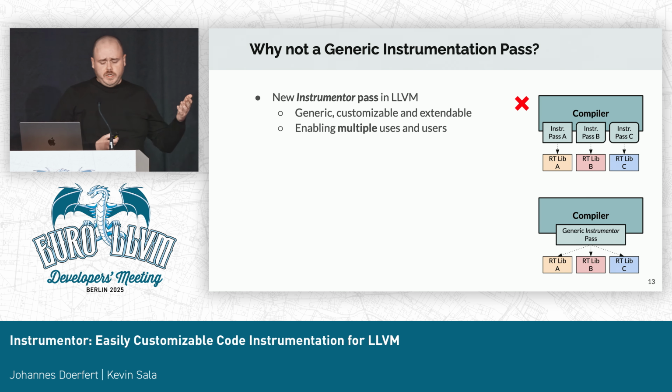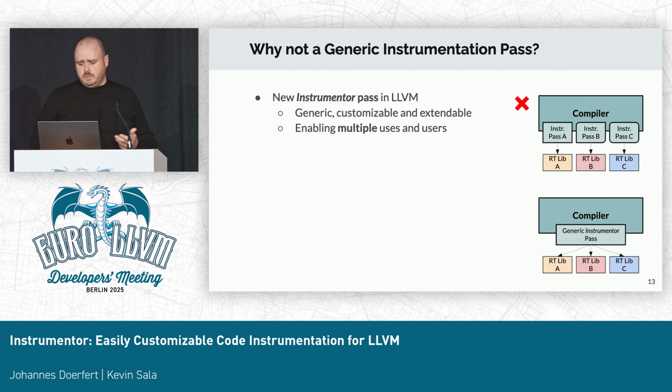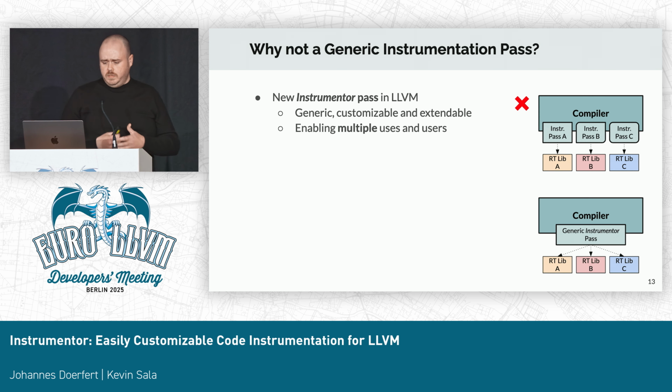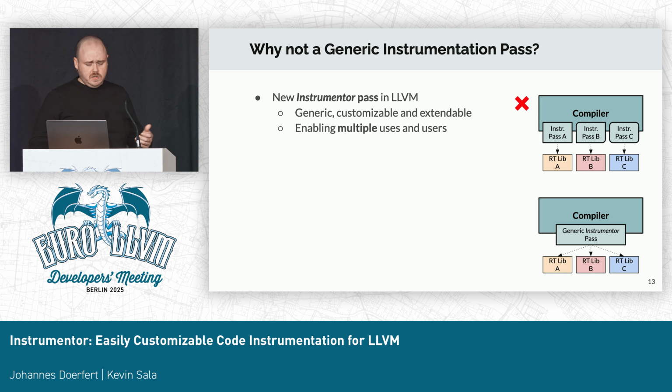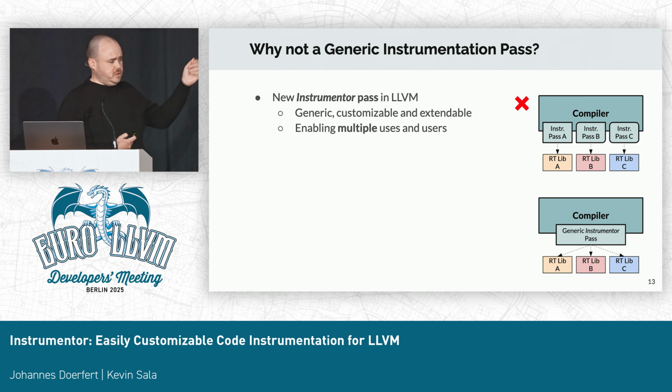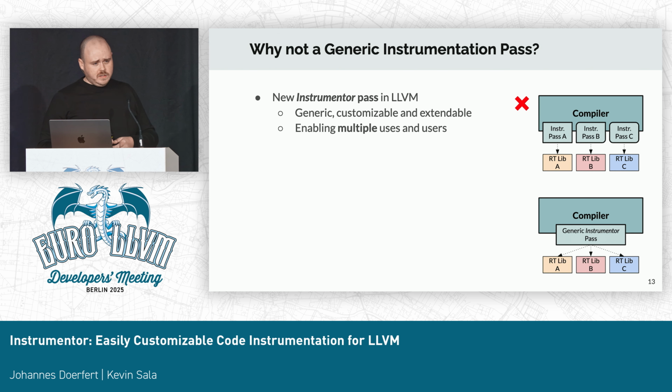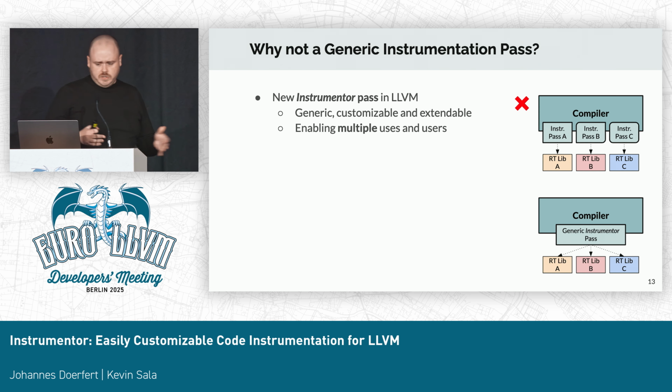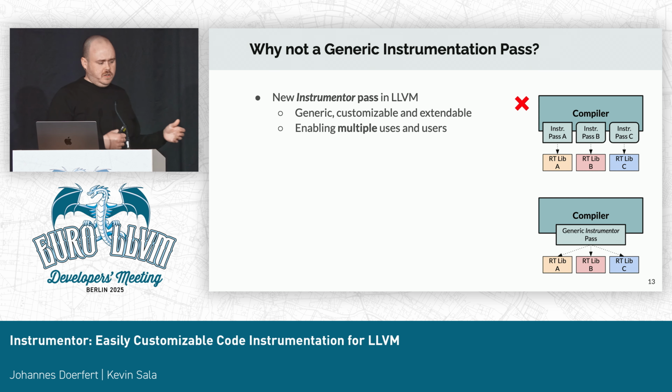So why don't we use a generic instrumentation pass that tries to be generic and customizable, and instead of having multiple passes like we have now, we just have one, and we can target multiple instrumentation tools or libraries. This is the task of the new Instrumentor pass in LLVM. It's generic, and it can be customized.